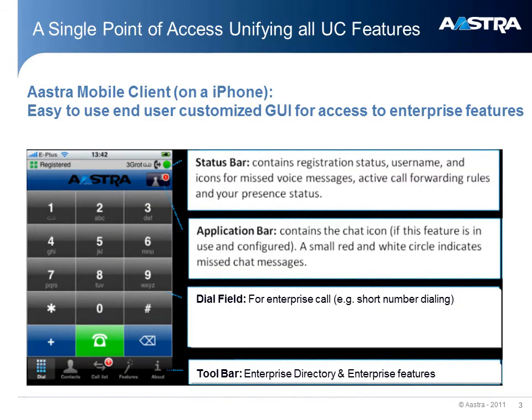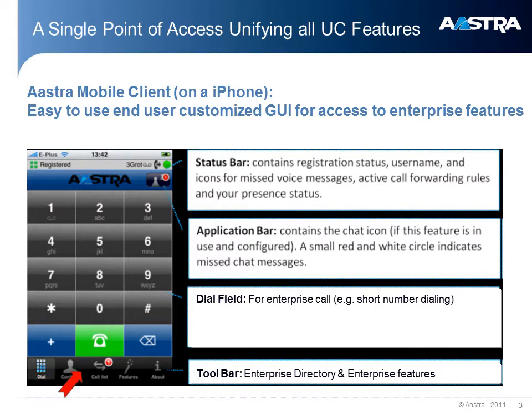Astra Mobile Client provides a single point of access to unified communication services as well as voice services. Here the GUI is shown on the iPhone. On the bottom left you can click to get access to the dial panel for short number dialing.